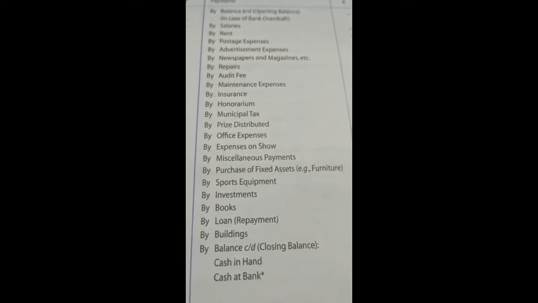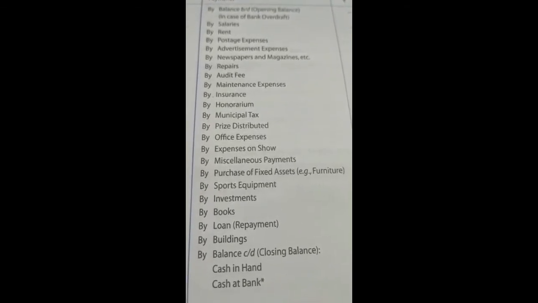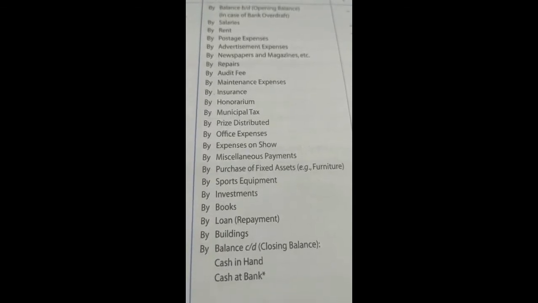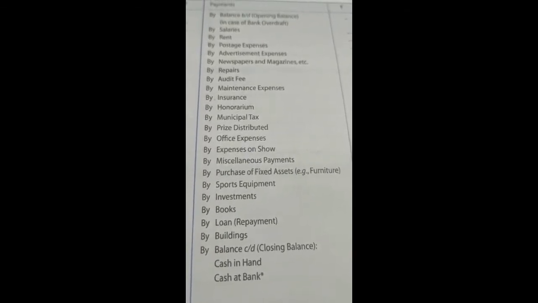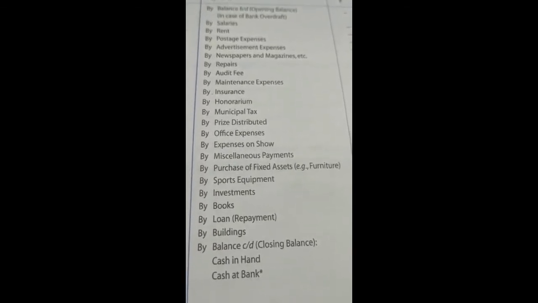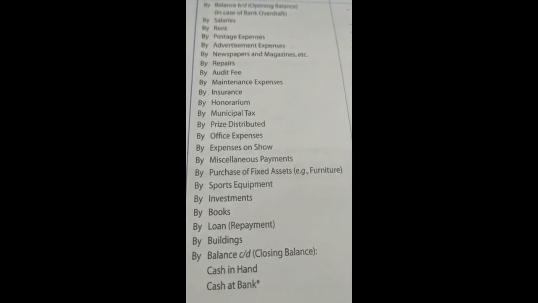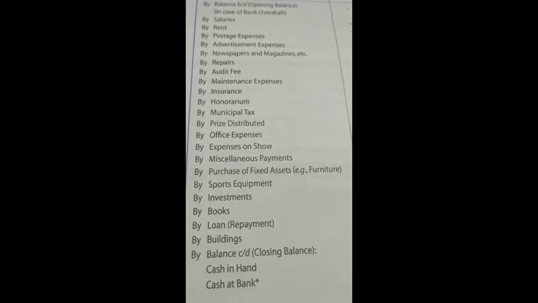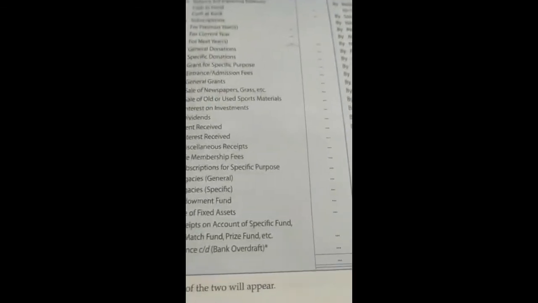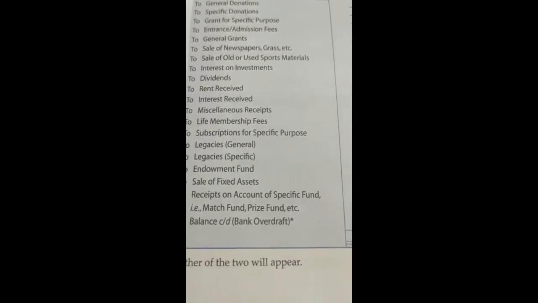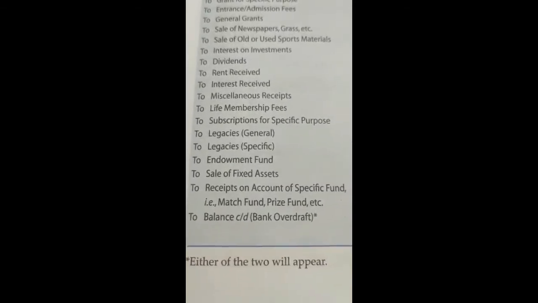Next is purchase of fixed asset. Any fixed asset purchased is an outflow, so that's why it is a payment. Whatever amount is paid for the purchase of any fixed asset, say for example furniture, machinery, building, that is the payment. On the receipt side we saw the third last item, sale of fixed asset.